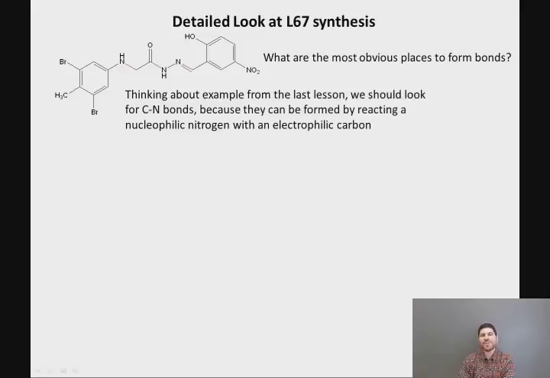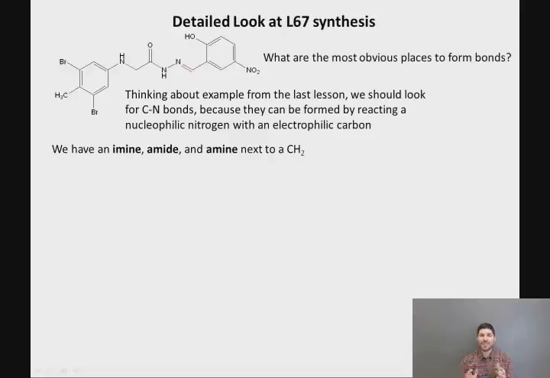So thinking about the example from the last lesson, when we have molecules like this that have a lot of nitrogens in them, we should be looking for CN bonds as bonds to form in our synthetic reactions, because as we saw in the last lesson, they can be formed by reacting a nucleophilic nitrogen with an electrophilic carbon atom.